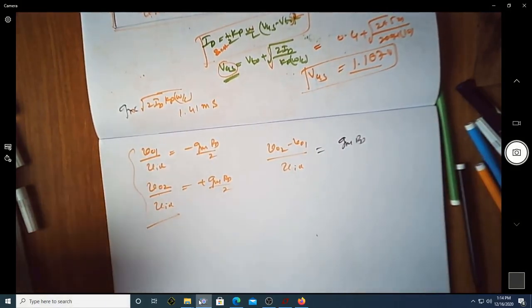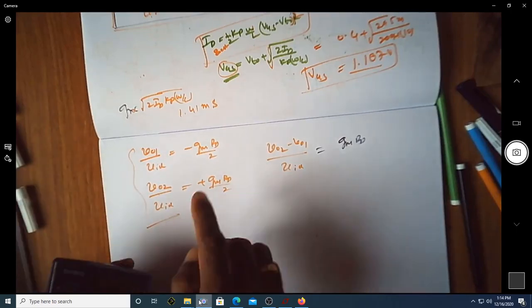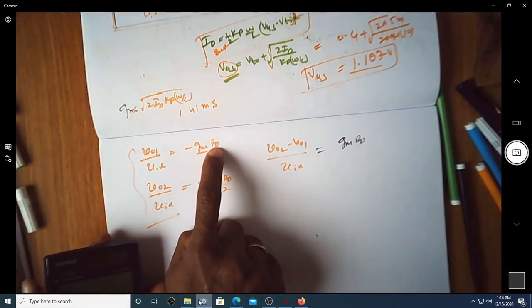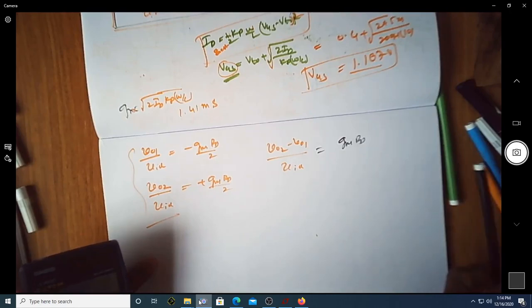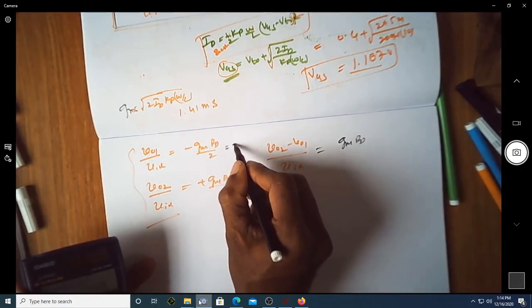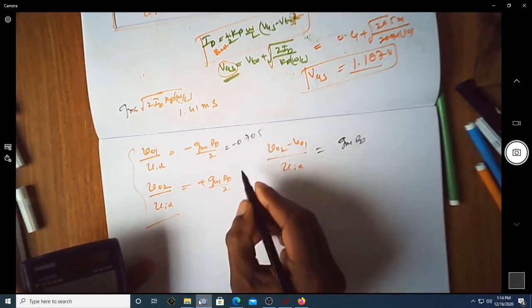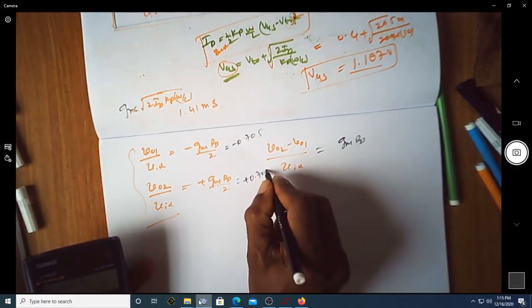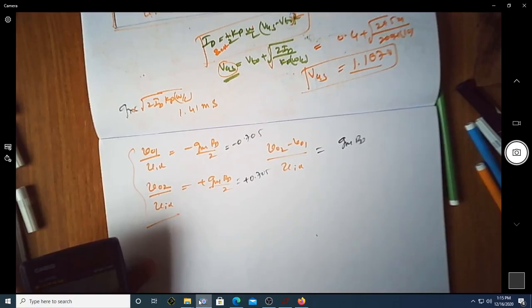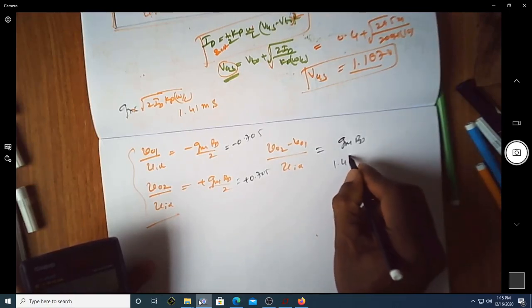Let us find the values, because I know the value of RD as 500. So it is 1.41 multiplied by 0.5. So now the gain is minus 0.705. Here the gain is plus 0.705. Of course, into 2 would be 1.41.